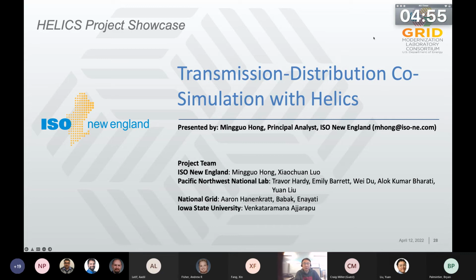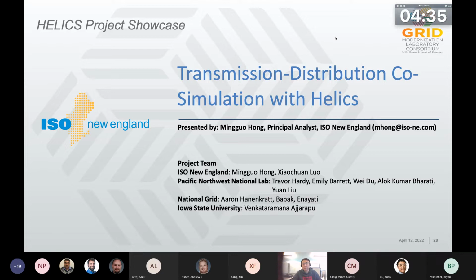The project that I've been working on, in collaboration with the PNNL team, National Grid, and Iowa State, is on transmission and distribution co-simulation with HELICS. There has been some prior work done in this area.